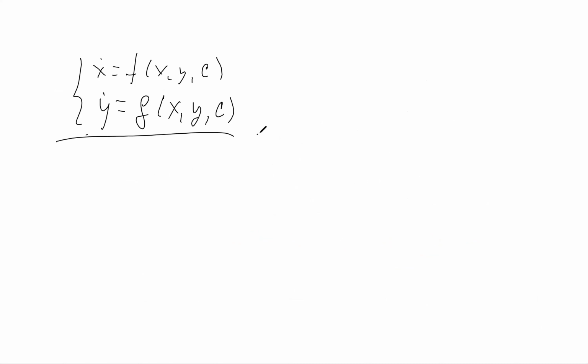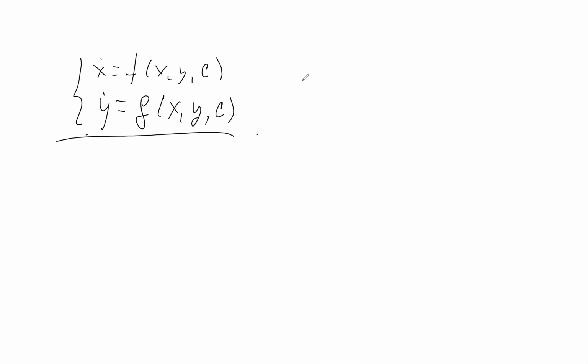Now x dot is f of x, y. And since we talk about bifurcations, there should be a parameter c. So now we have these cases.